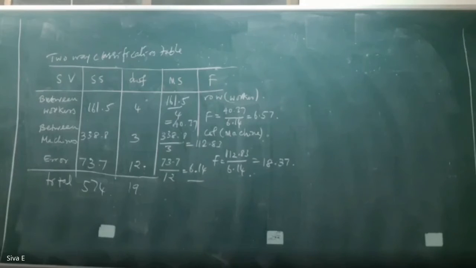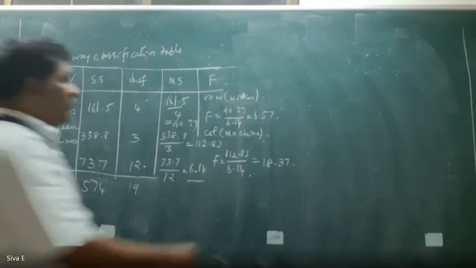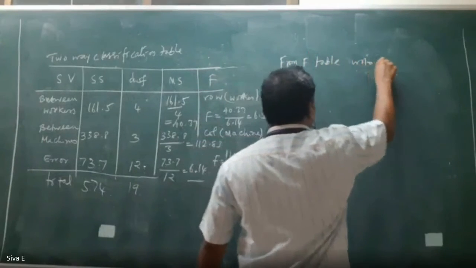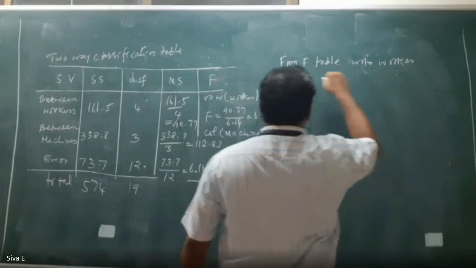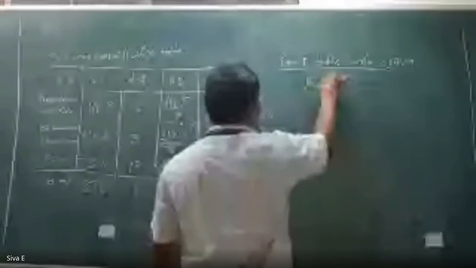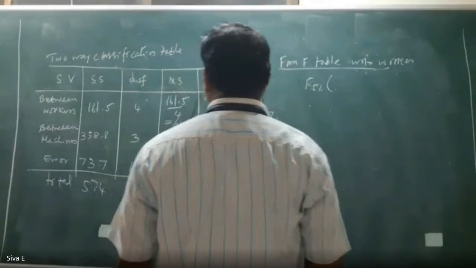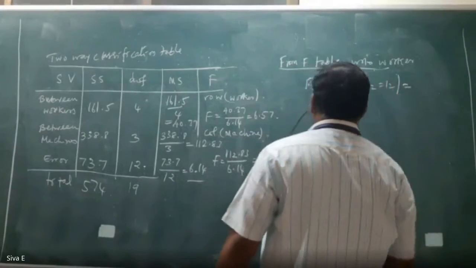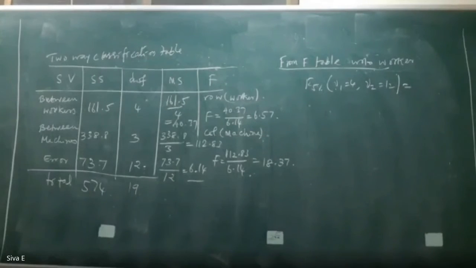From the F table, with respect to the workers, F at 5 percent, nu 1 equal to 4, nu 2 equal to 12. See the F table.